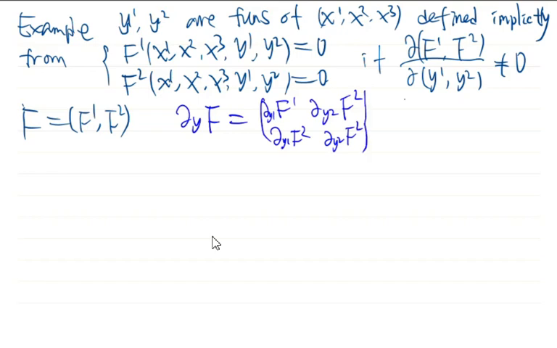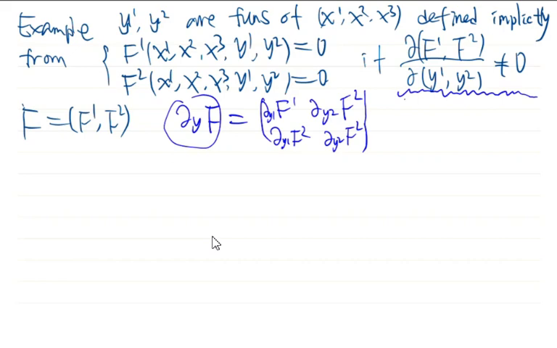So the determinant of this matrix is precisely the Jacobian determinant of F1, F2 with respect to y1, y2. So if the Jacobian determinant is not 0, then this matrix is invertible. So applying the implicit function theorem, we can solve y for x. That is, y is a function of x. So this is the case, y1, y2.